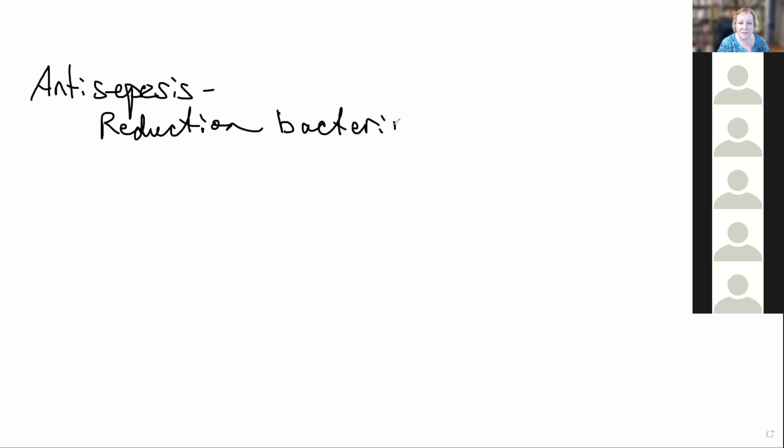Antisepsis. Oh, I've misspelled that. I think there's an E in there. Antisepsis is reduction of bacteria, viruses, et cetera, on living tissue.